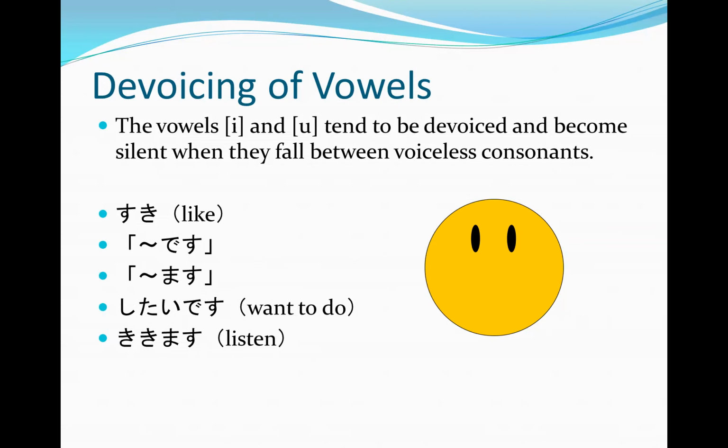Now next, the term attached to verbs to make it polite, mas. Mas. Now, what do we say when we want to do something in Japanese? Shitai desu. And now lastly, to listen. Kikmasu. Kikmasu. Got that? Wakarimashita ka? Owarimashou ne?